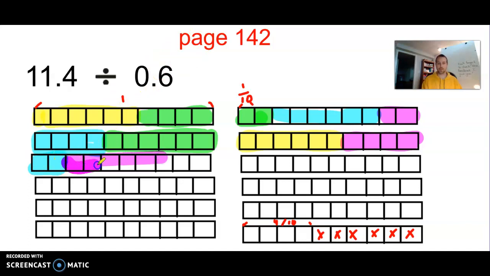Ooh, there's 1, 2, 3, 4, 5, 6. Double check. 1, 2, 3, 4, 5, 6. Ooh, 2, 4, 6. I got an extra one in there. Let's back that up. 2, 4, 6. And as I do that, you're going to start running into a lot of different groups or numbers of groups.